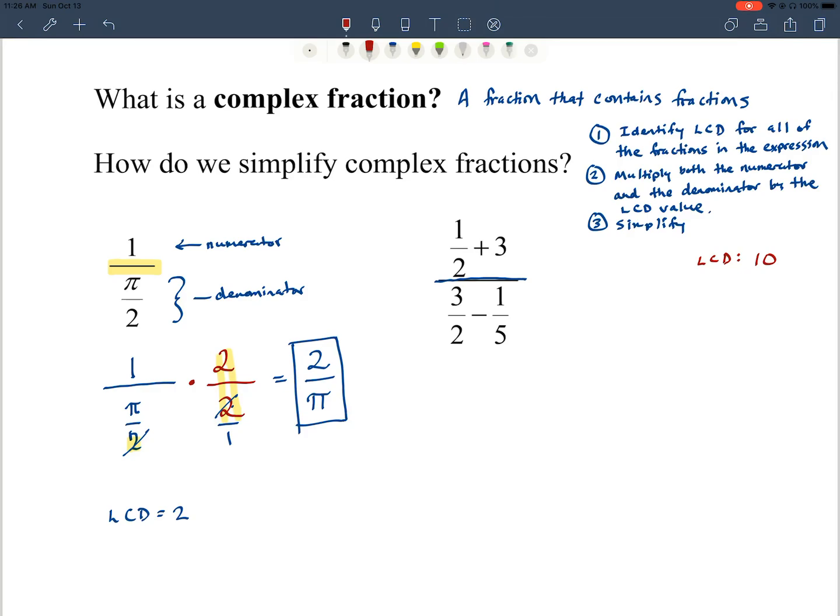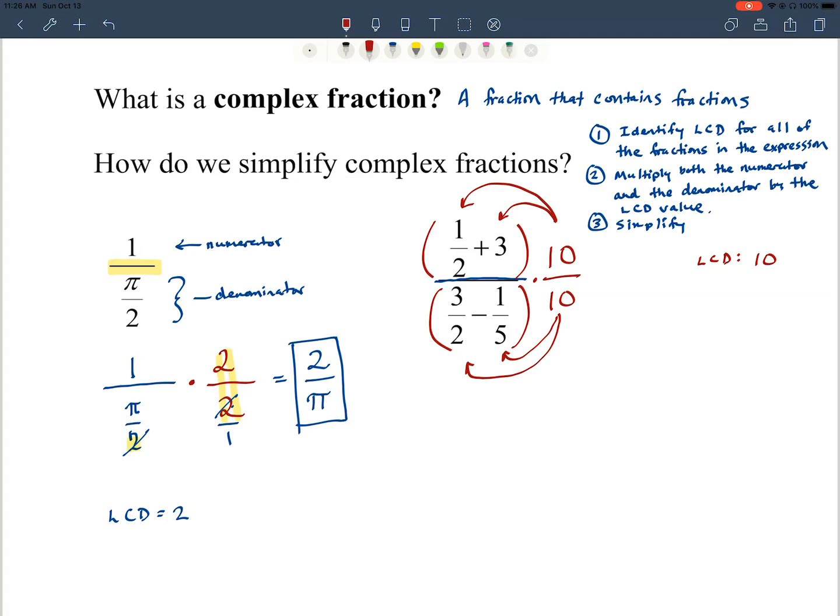So we're going to take it here, and we're going to multiply the top of this fraction by 10, and we're going to multiply the bottom of this fraction by 10. So when we do that, we're going to just go ahead and distribute that 10 through on the top and the bottom.